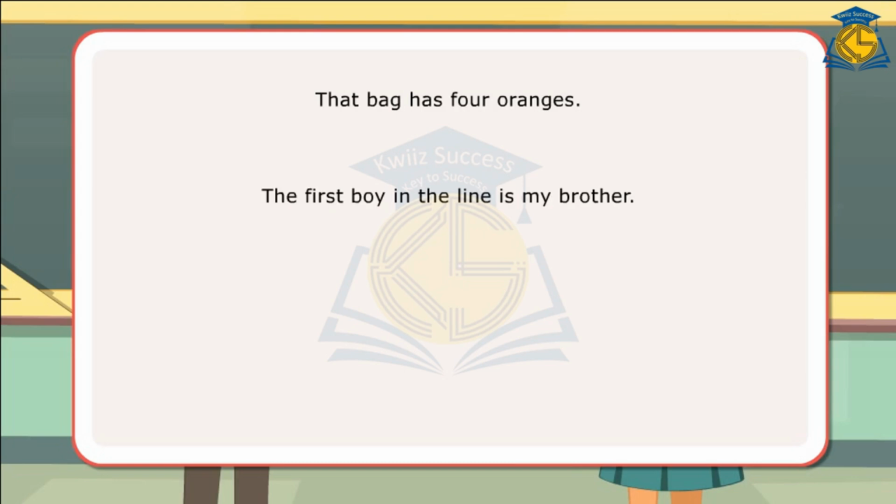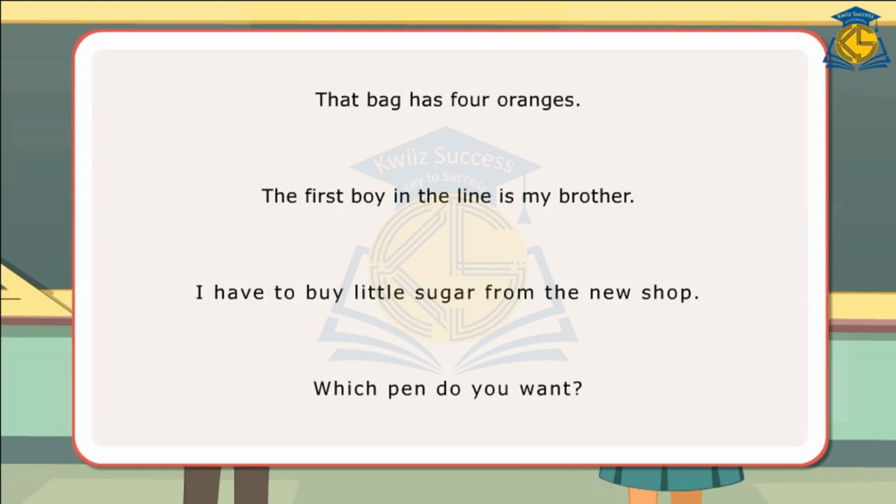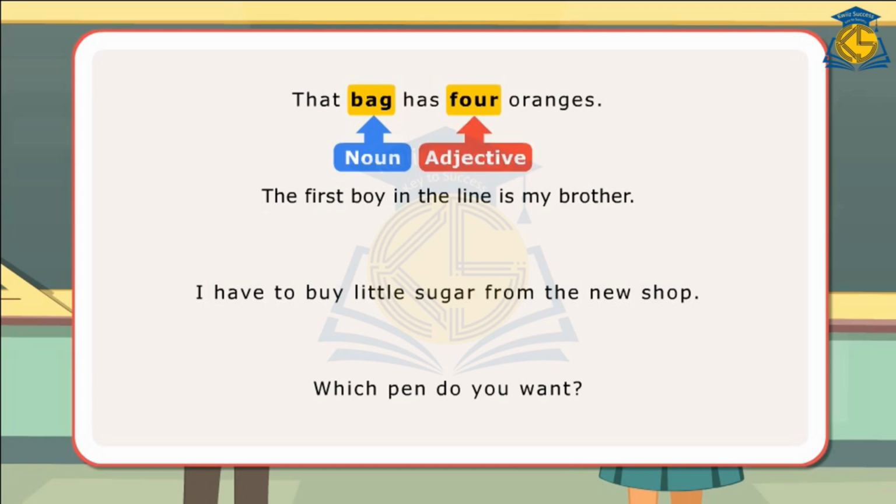Let us look at a few sentences. That bag has 4 oranges. The first boy in the line is my brother. I have to buy little sugar from the new shop. Which pen do you want? In the first sentence, that is a demonstrative adjective since it points at the noun bag, and 4 is an adjective of number since it speaks about how many.